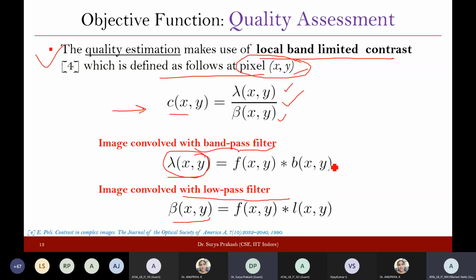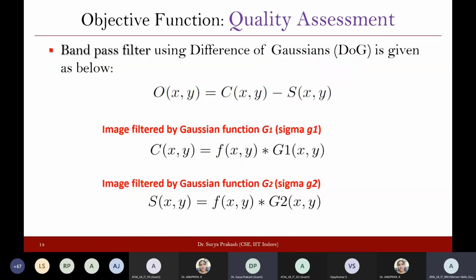Once you get these images, you take the xy values for lambda and beta, substitute them in the formula, and create the contrast for the given pixel. This is the way the contrast for a pixel is calculated using local band limited contrast.